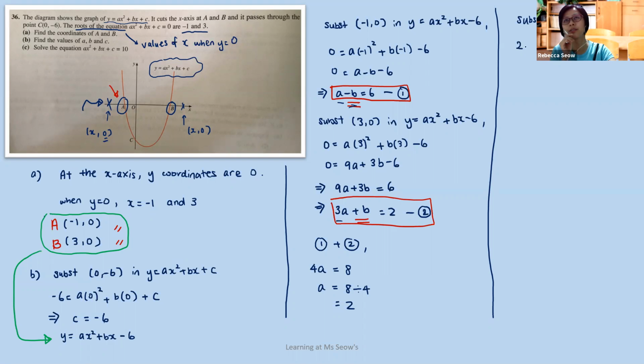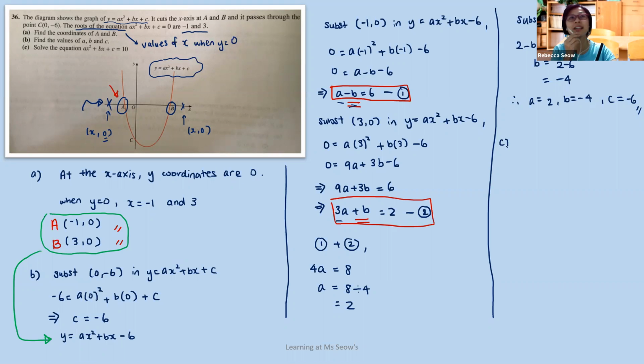So it will have 2 minus b equals to 6, and b is equals to 2 minus 6 equals to minus 4. Okay, therefore, let's consolidate the answers. We could say that a is equals to 2, b is equals to minus 4, and c is equals to minus 6. So that's the answer for part B, which is rather long, yeah?